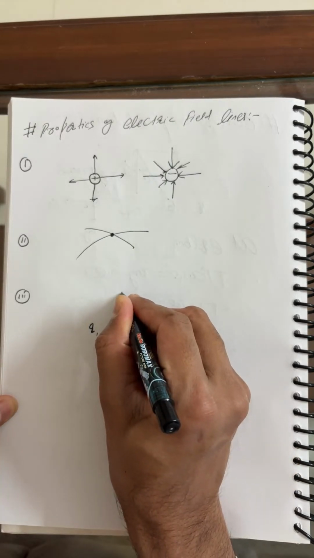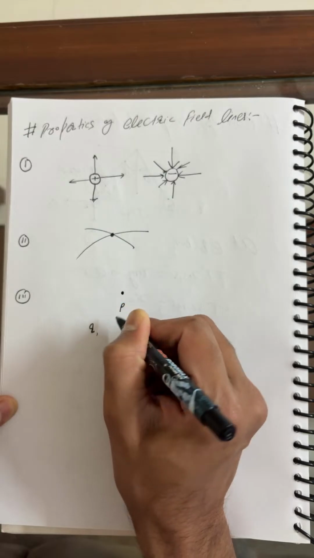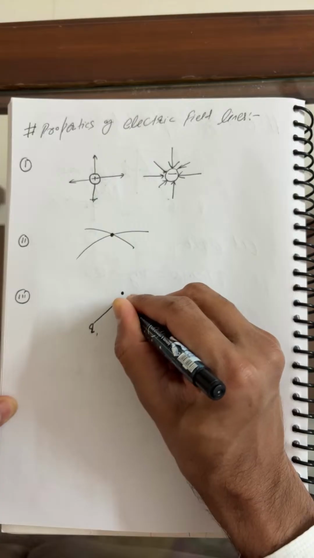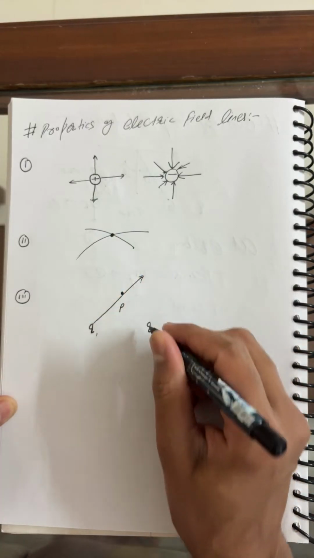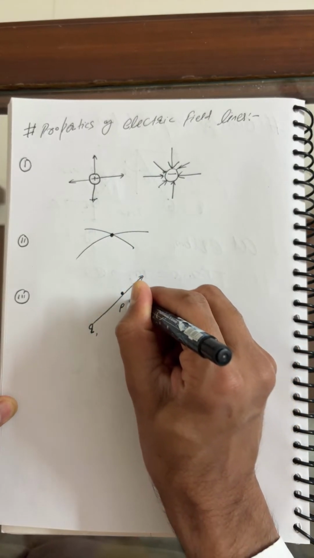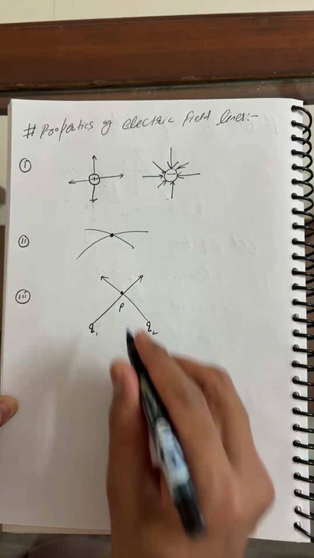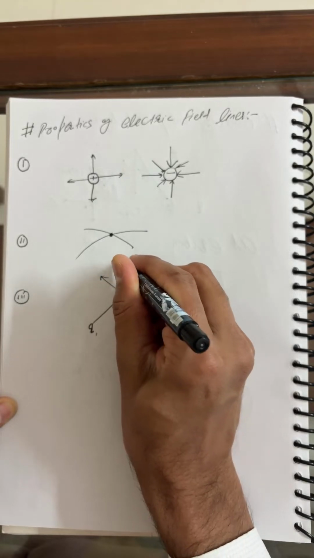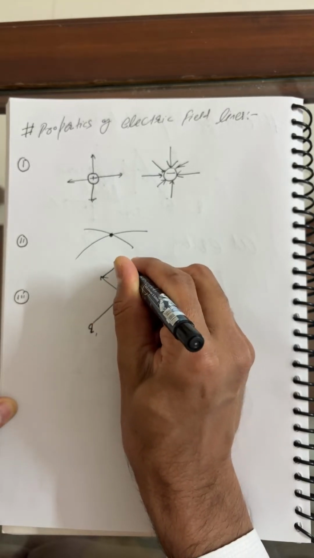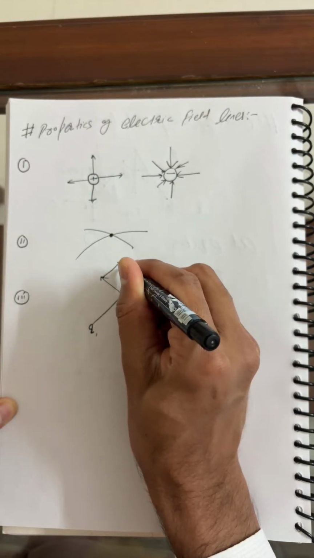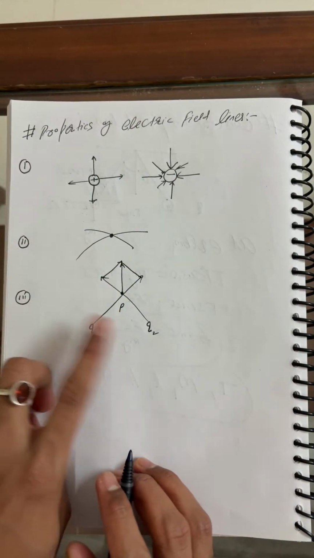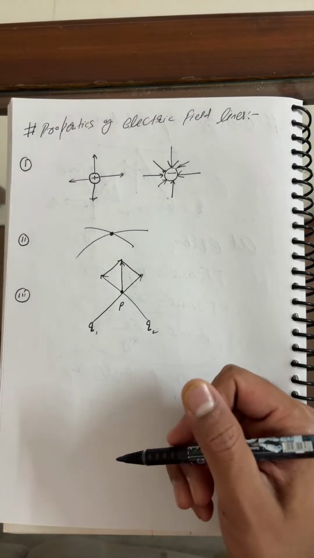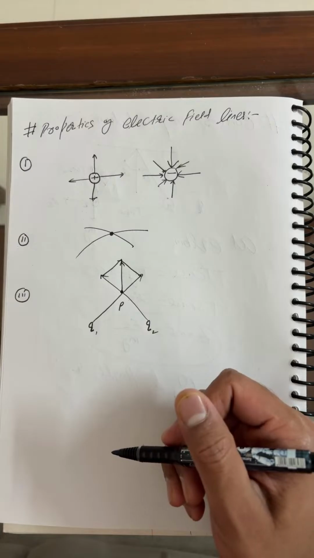If you want to find the net electric field at point P due to these two charges, the electric field due to one point charge is in this direction, and the electric field due to the other charge is in this direction. So this is the net electric field due to these two charges. Remember, electric field lines give us the net electric field.